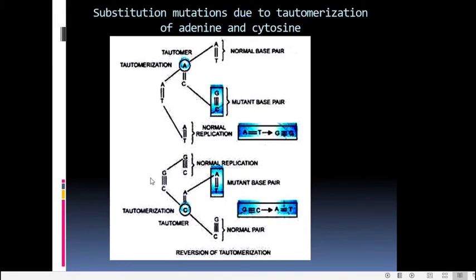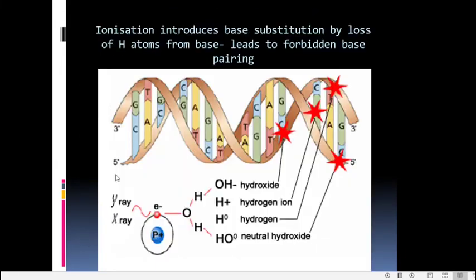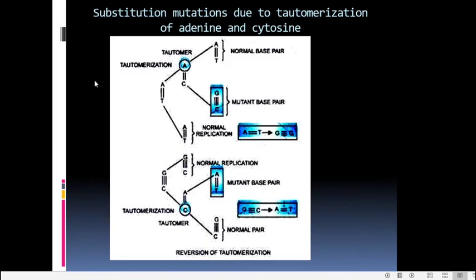Similar changes occur with thymine and guanine also. Thymine in its normal form will pair with adenine, whereas if thymine is in its tautomeric form, that is in enol form, it will pair with guanine instead of pairing with adenine. Guanine in its normal form, that is the keto form, usually pairs with cytosine.